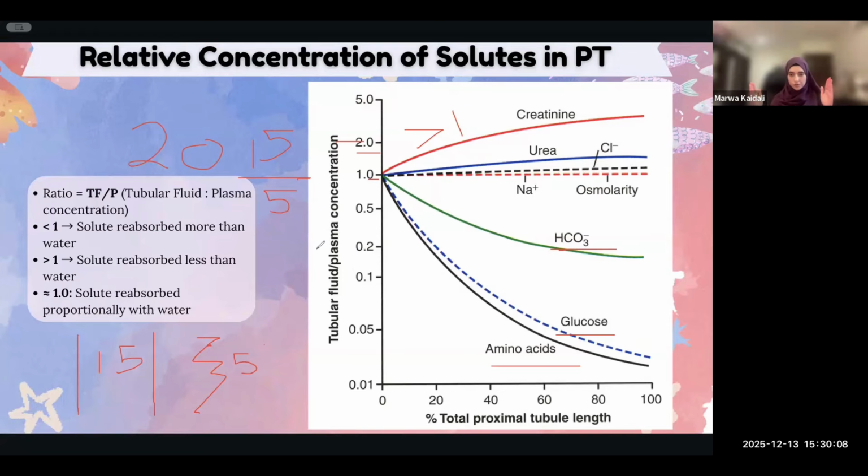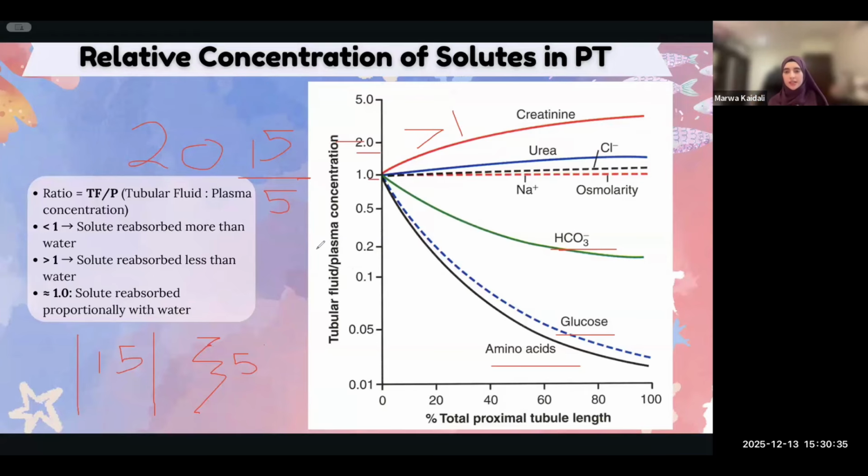So we had our proximal tubule, and we had water reabsorption that was going on the entire way until the end, when we had a high concentration of chloride that started to be reabsorbed. So essentially, even though the chloride was being reabsorbed, when you look at the concentration of chloride towards the end of the tubule, you would find that it is higher than the concentration in the interstitium. Does that make sense?